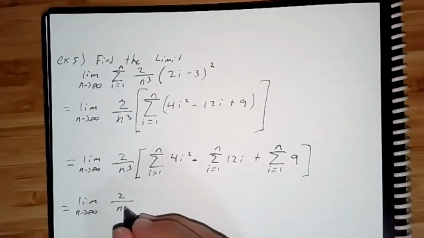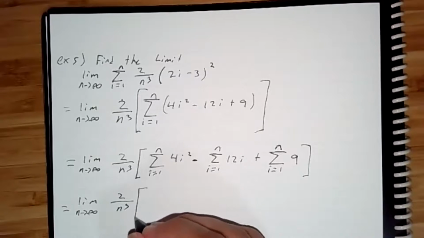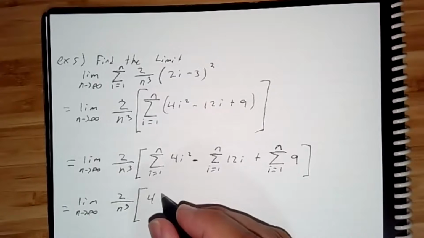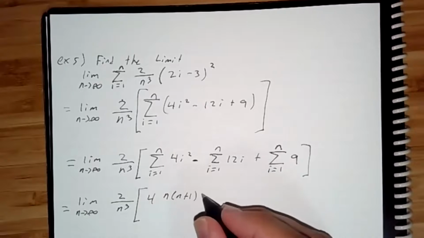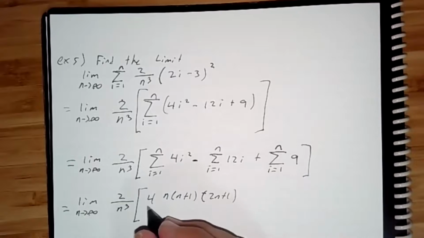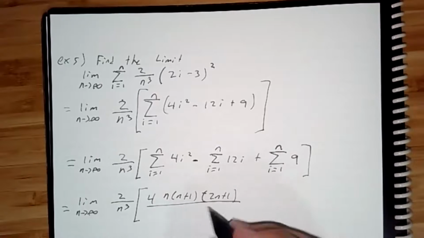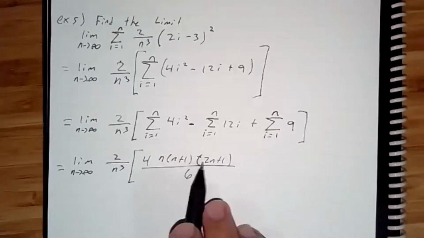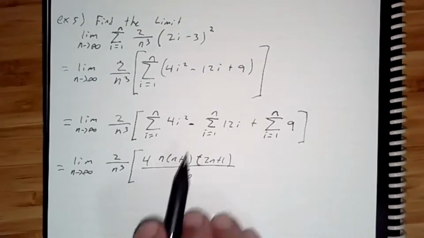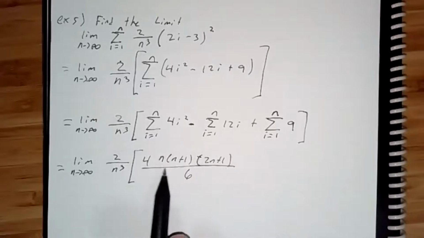So this becomes 4 times n plus 1 times 2n plus 1 over 6. No square. The i squared turns into this.